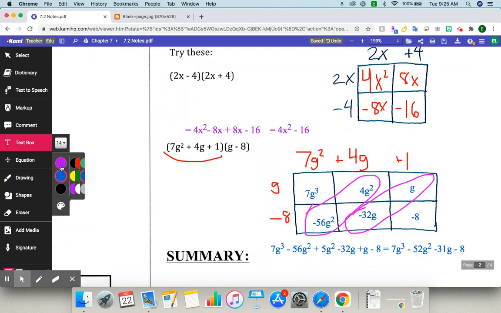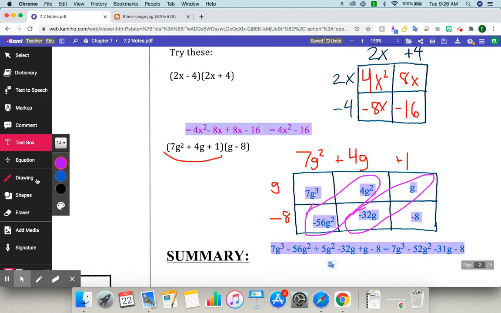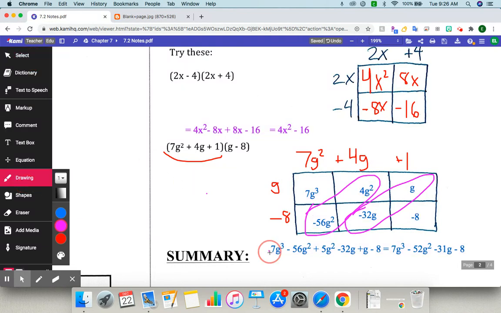So once we've multiplied, we can recognize the like terms. So I've written all of the terms out first right here. But then when combining the like terms, our final product is 7g to the third power minus 52g to the second power minus 31g minus 8.